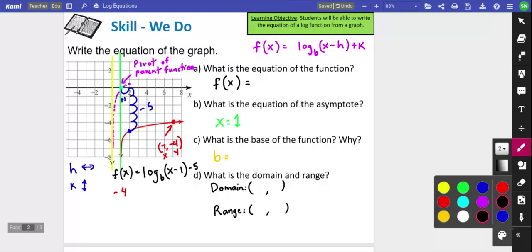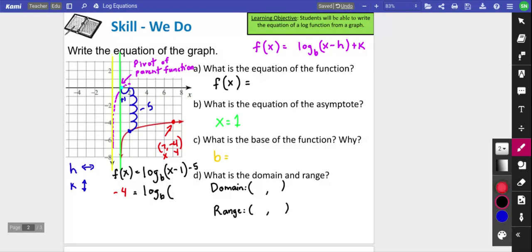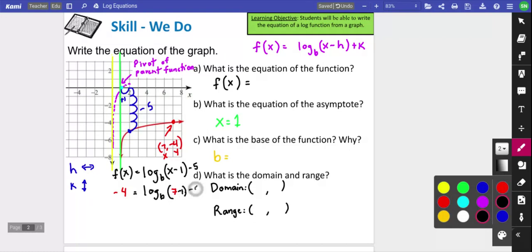And this would be equal to log base b of, instead of x, I'm going to plug in that 7 minus 1, minus 5. We will evaluate, so it's negative 4 equals log base b of 6, minus 5.